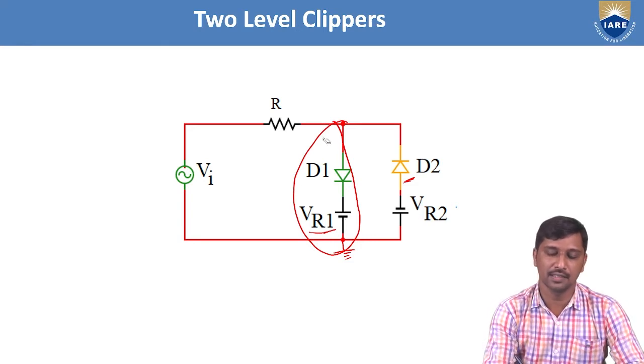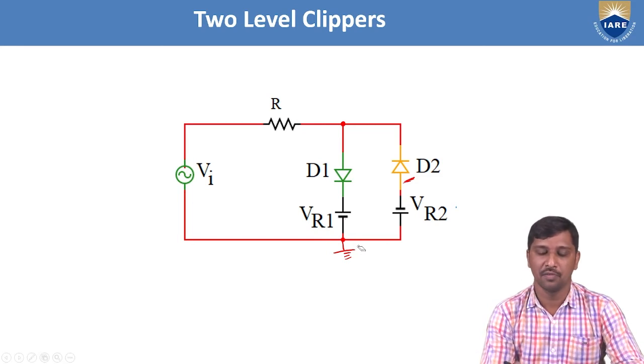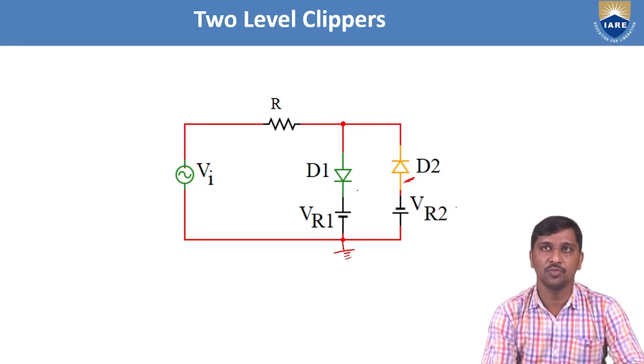So to satisfy this two-level clipper, we combine the positive peak clipper with a positive reference voltage and the negative peak clipper with a negative reference voltage.